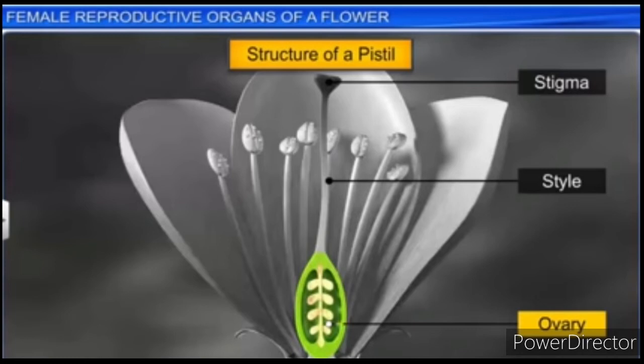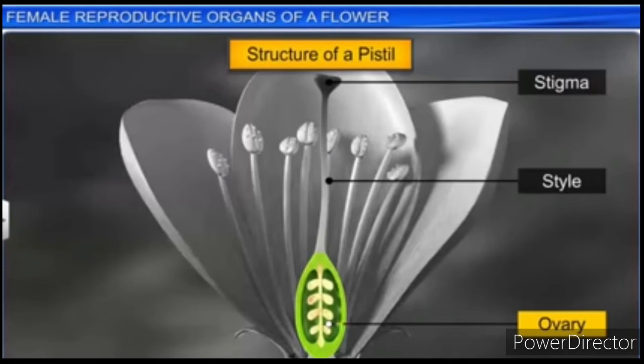Connected with the style, the basal bulged portion is the ovary. Ovary contains the ovules inside. So the pistil or carpel contains 3 parts: the tip region is the stigma, the long slender region is the style, and the ovary contains the ovules.